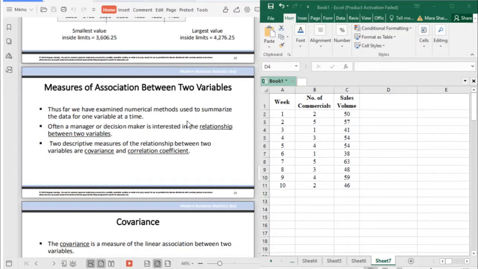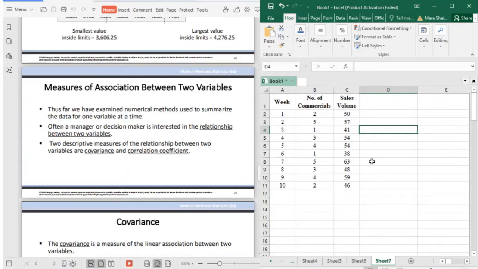First, we have the application concerning a stereo and sound equipment store. So this is your data from week 1 to week 10.